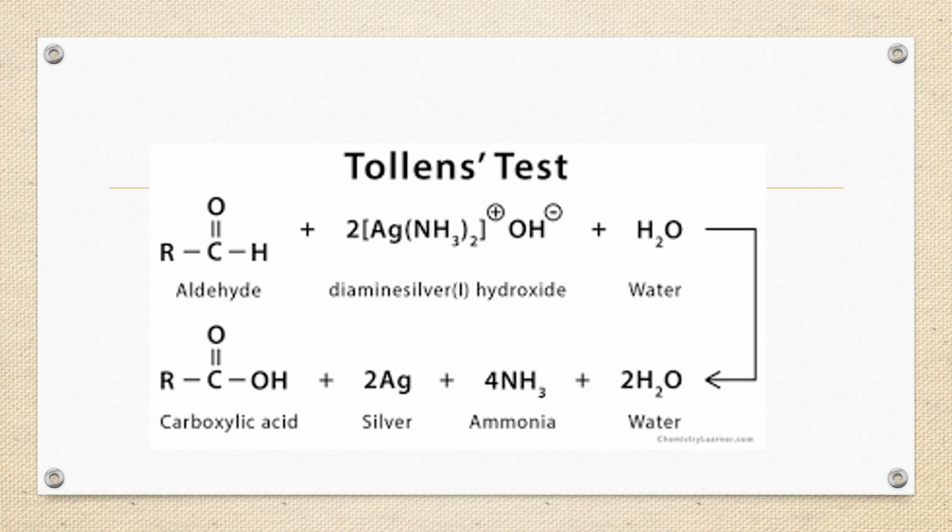So this is the reaction of Tollen's test after we prepare the Tollen's reagent. The primary component of Tollen's reagent is the strong oxidizing agent called diamine silver hydroxide.